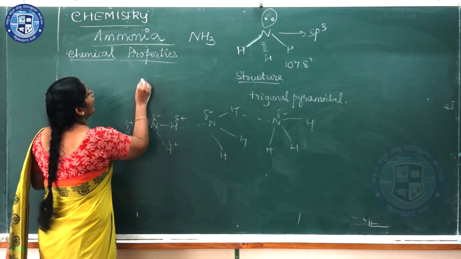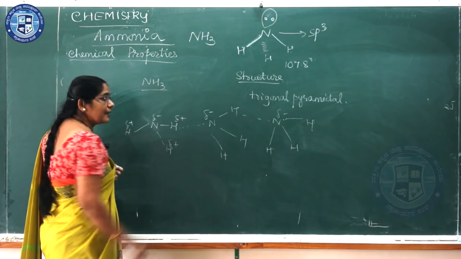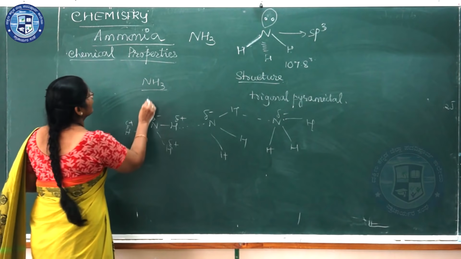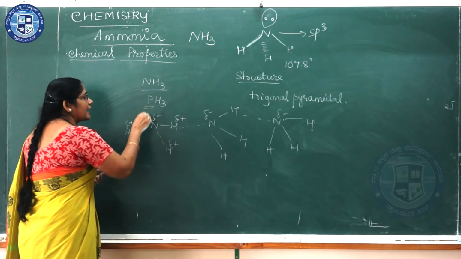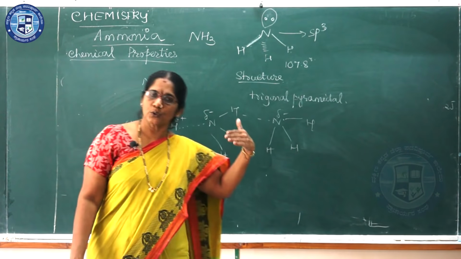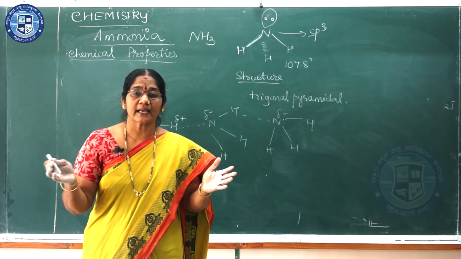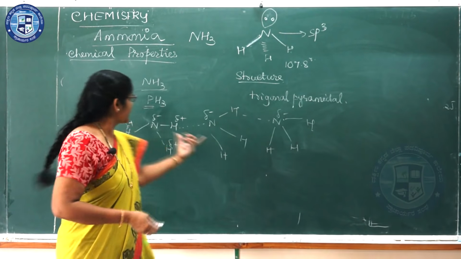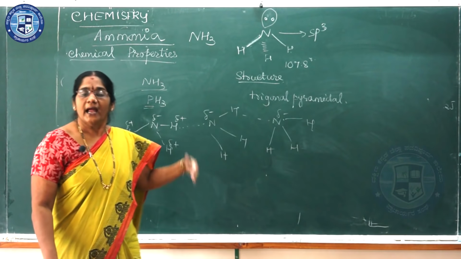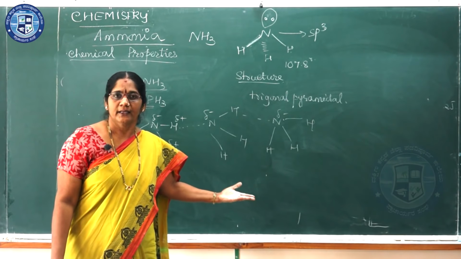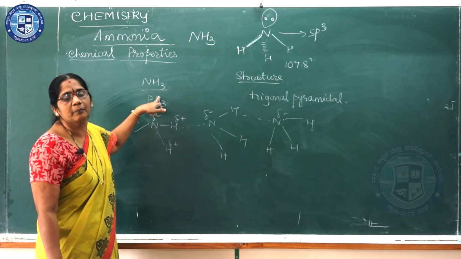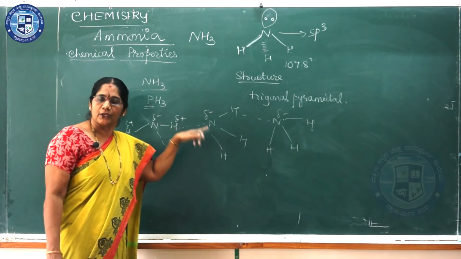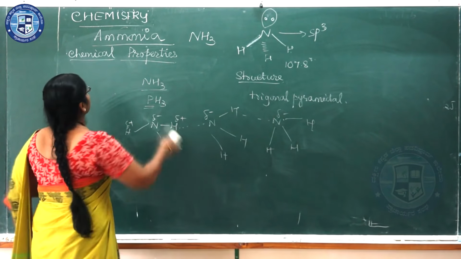Ammonia has a very high boiling point compared to the other hydrides of the family, where these atoms, when you move down from phosphorus to bismuth, are bigger in size, are not able to polarize the bond with hydrogen atoms, and cannot form hydrogen bonding. So in the group, ammonia has a very high boiling point due to intermolecular hydrogen bonding.